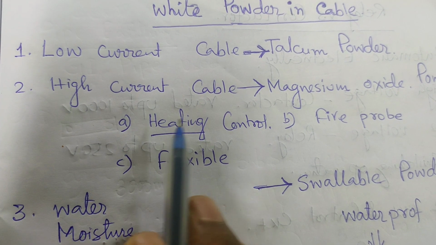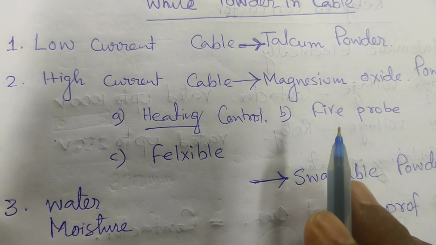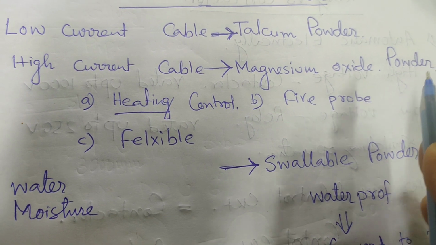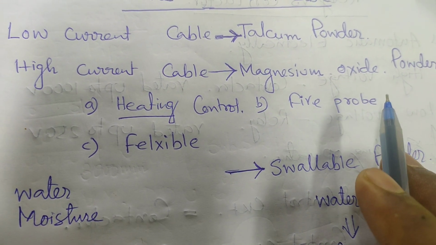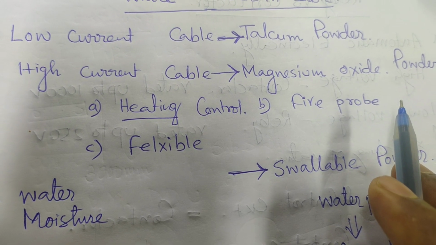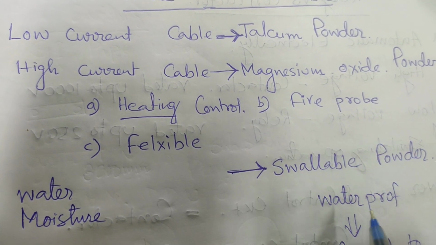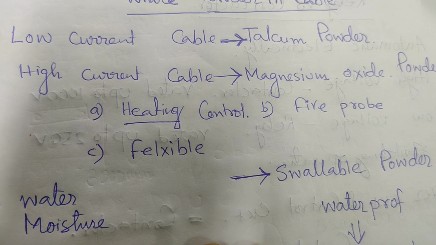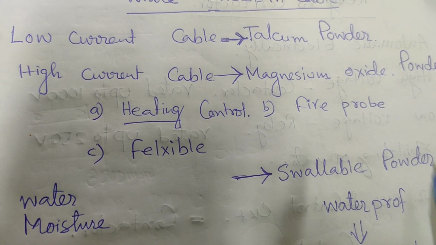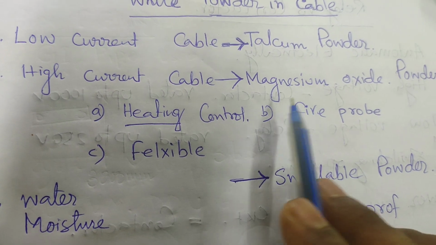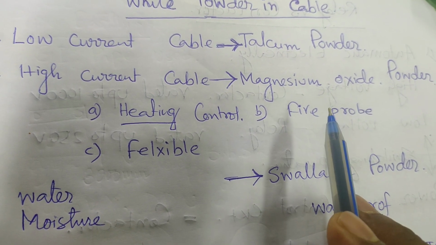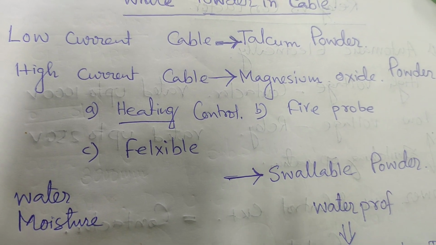And for the high current cable, we are using magnesium oxide powder. Magnesium oxide powder is very effective for heating control and fireproofing, and it maintains the flexibility of the cable. Magnesium oxide is a good heat absorbent.